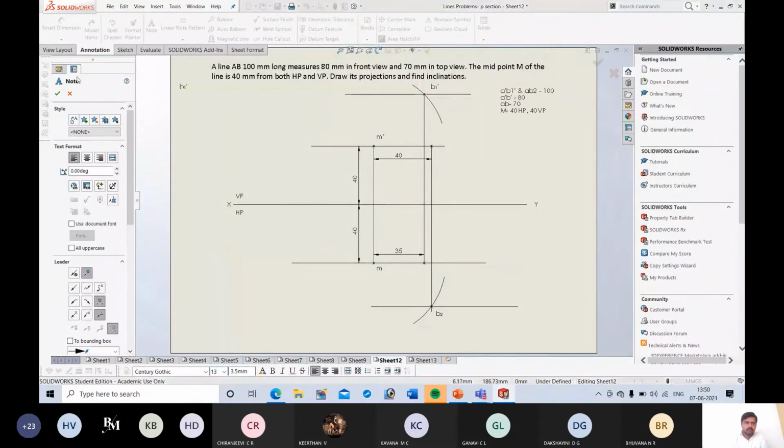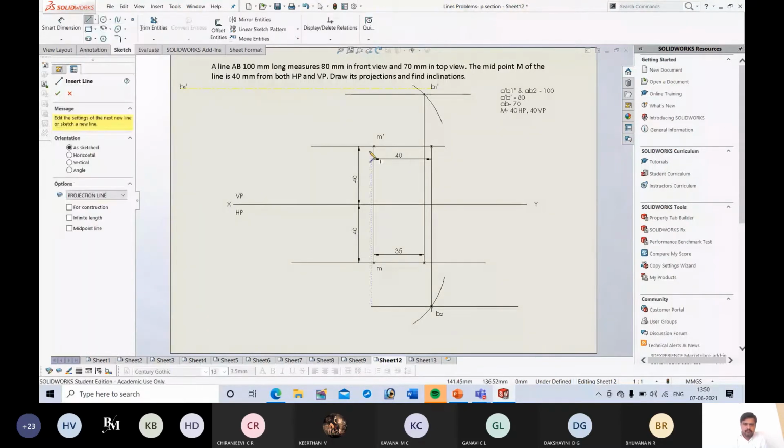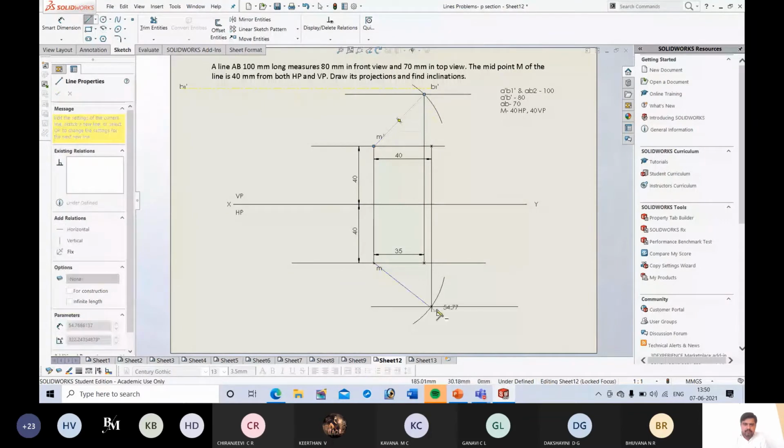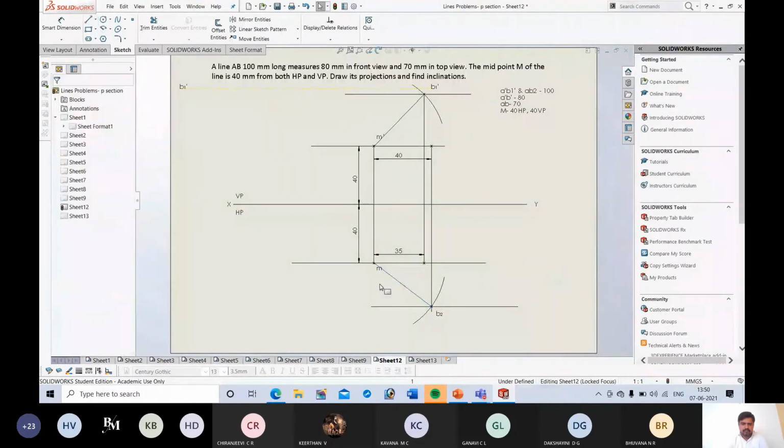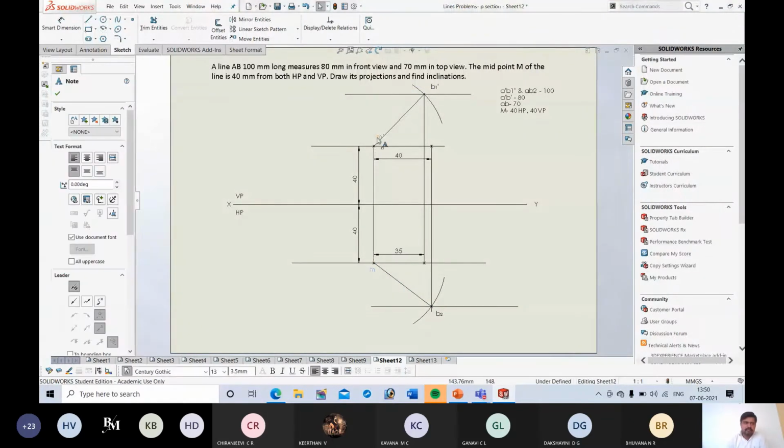So now I will connect these points. Okay, next, these two are true length lines, so they have 50 mm length.